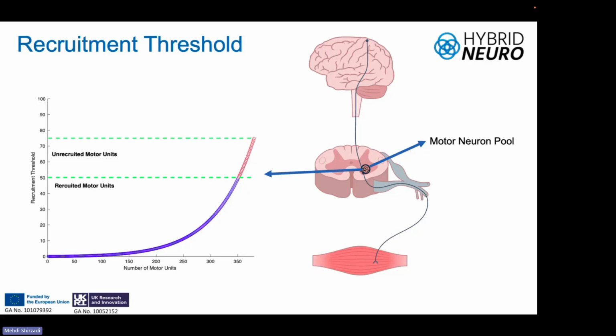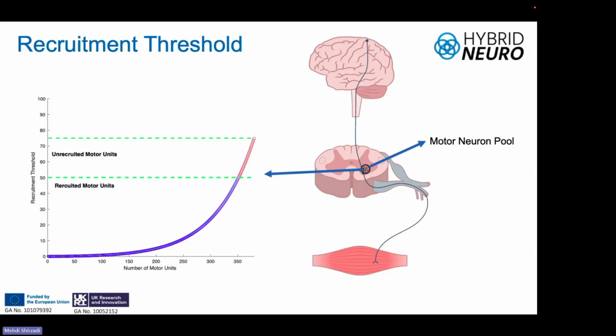For example, if you want to activate all of the motor units in this specific motor neuron pool, you need to have a maximum voluntary contraction above 75%. These are the values that we mention in the simulation, but in reality they can be around this value. And you can check the list for the real value.